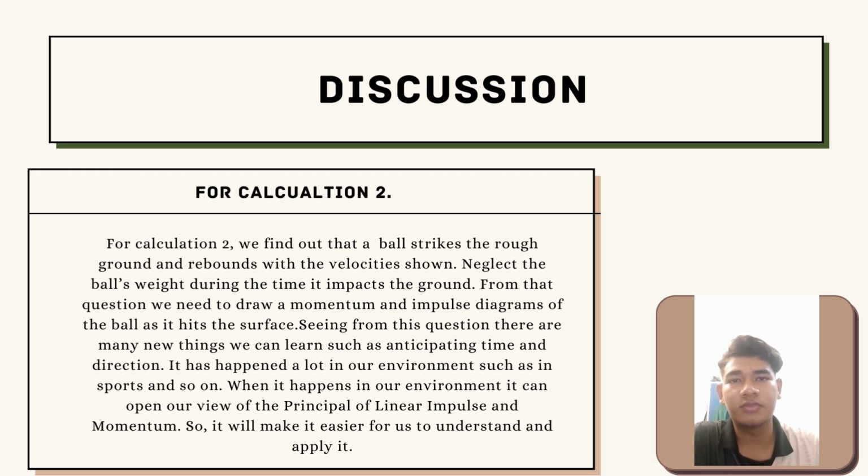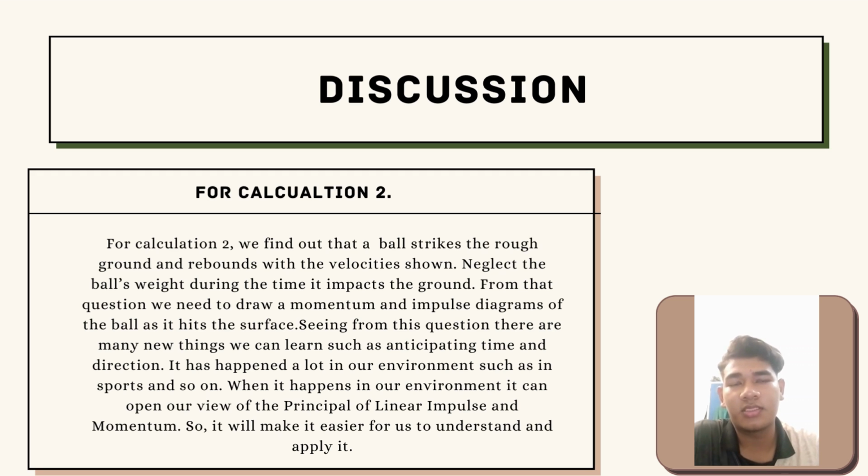After plugging the values into the relation, to find the magnitude of the impulse, we will use the relation I equals the square root of Ix squared plus Iy squared. So we can get the magnitude.